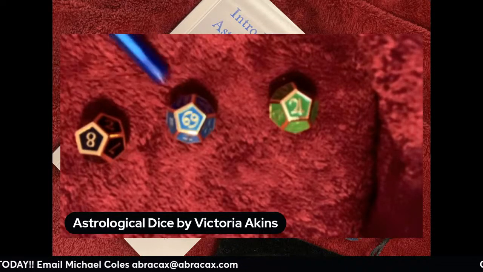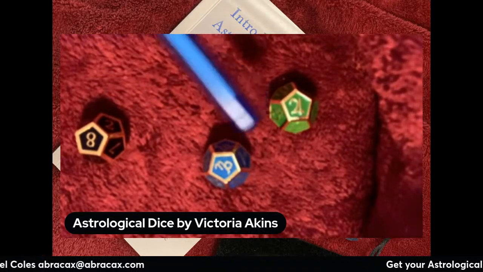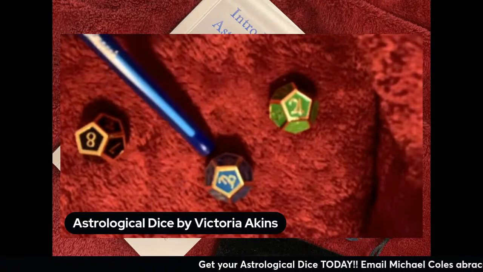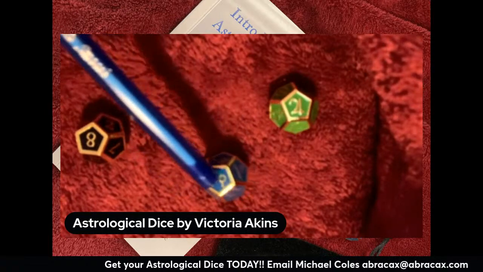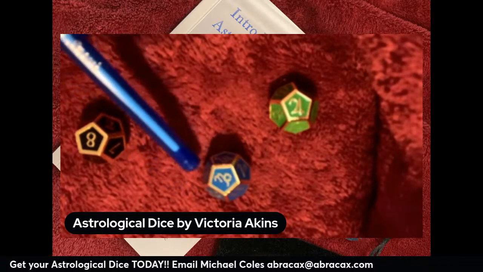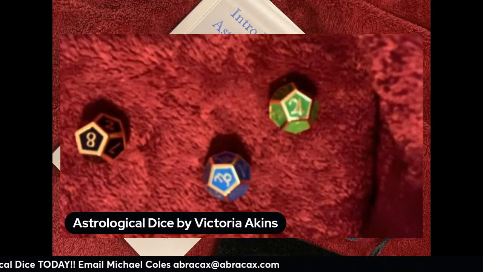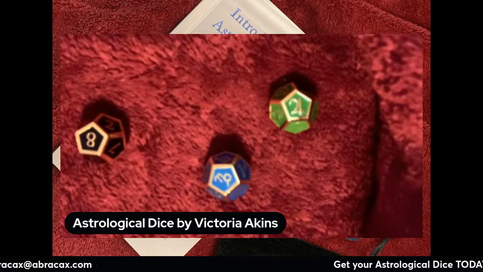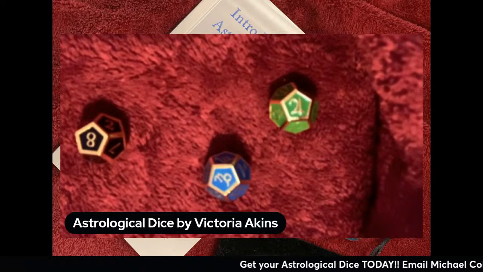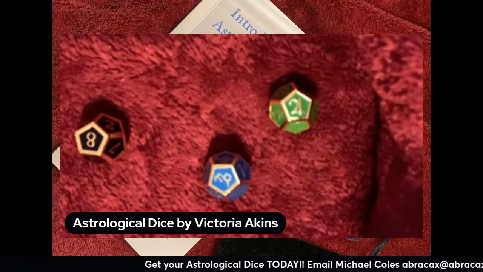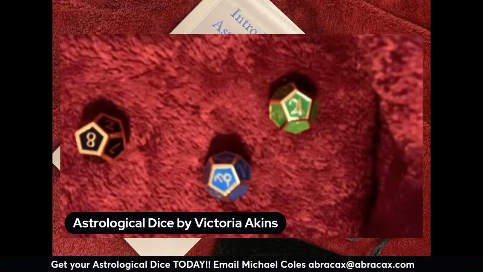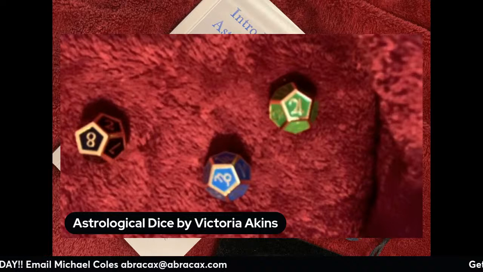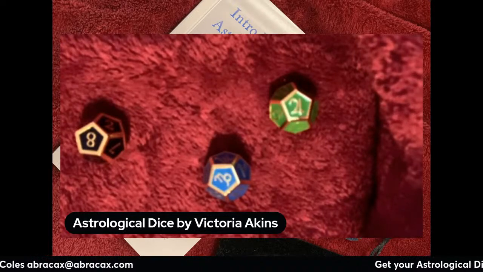And one more. Oh, okay. All right, so now we find this. Capricorn is on page 47.